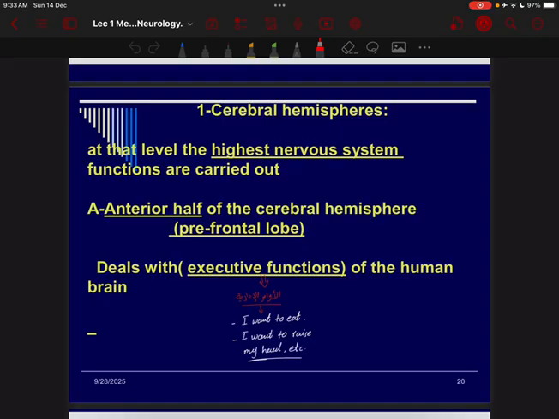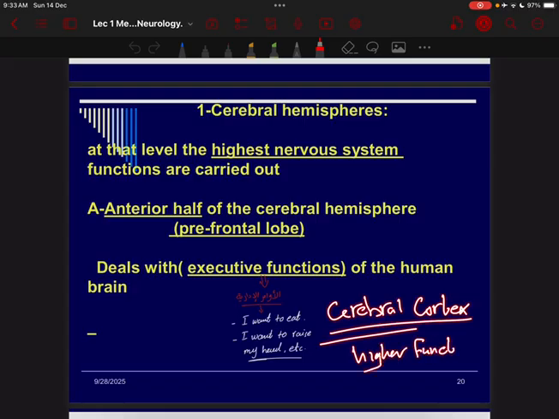At the cerebral cortex, the highest nervous system function is carried out. At that part of the nervous system, the higher function is carried out.